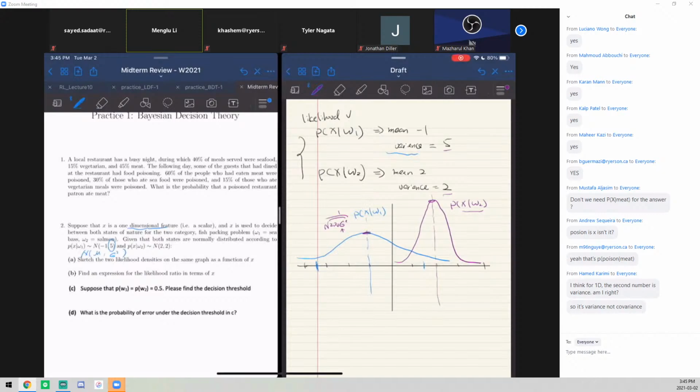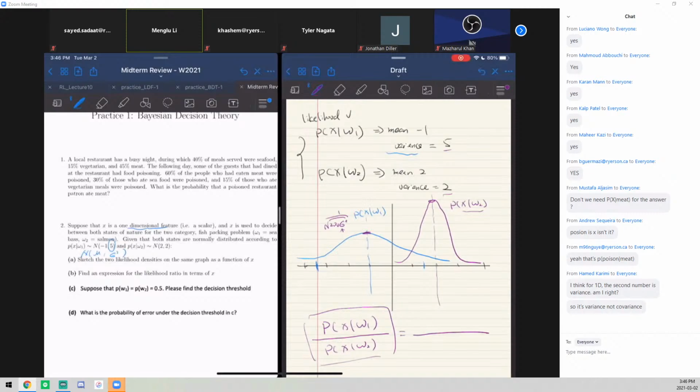Okay, the second part: find the expression for the likelihood ratio in terms of x. The likelihood ratio is just the likelihood of each case written in fraction form. The numerator is the likelihood of the first class and the denominator is the likelihood of the second class. We just write down the Gaussian distribution equation for each one.